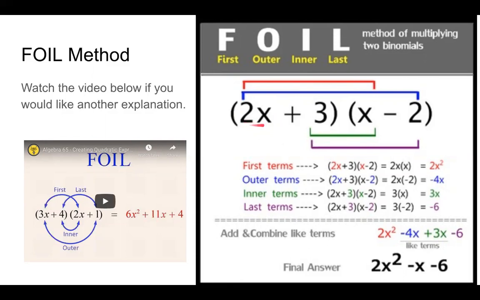So we take this 2x and multiply it by this x. The first terms: we multiply the outside and the first term of the second binomial. So we get 2x times x, which is what they have written here, for a total of 2x squared.